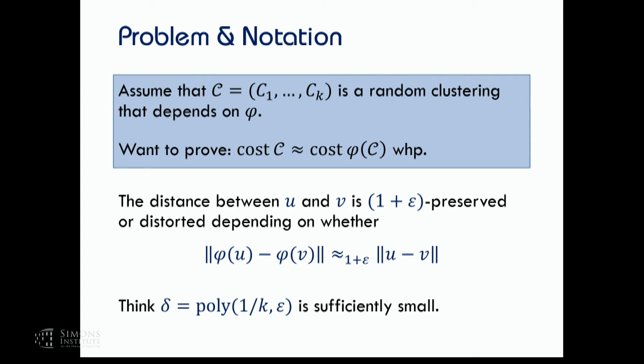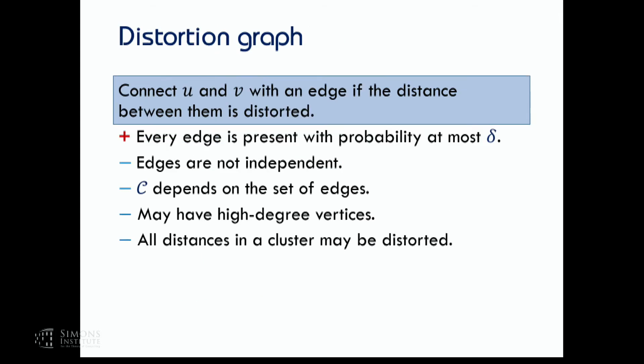We will also think that the parameter delta is polynomially small in 1 over k and epsilon. So it's sufficiently small, but when k and epsilon are fixed, this is a constant. In particular, delta does not depend on n, but we will need it to be pretty small.